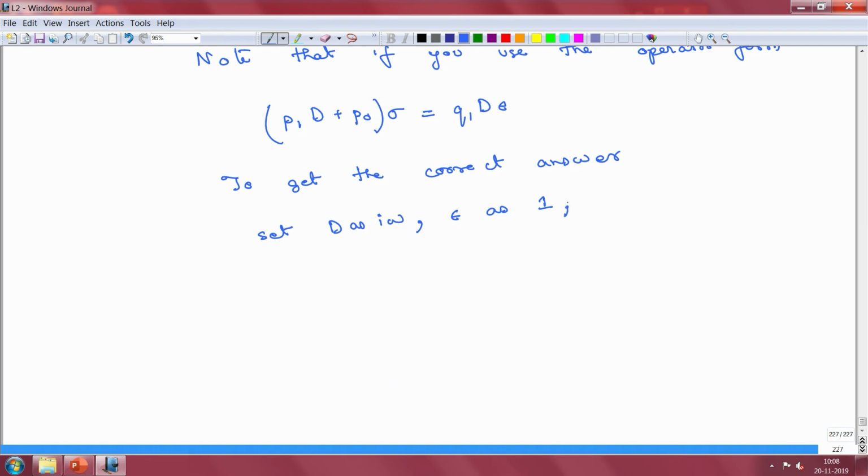And we have to set one more thing, we have to set this sigma as g star.